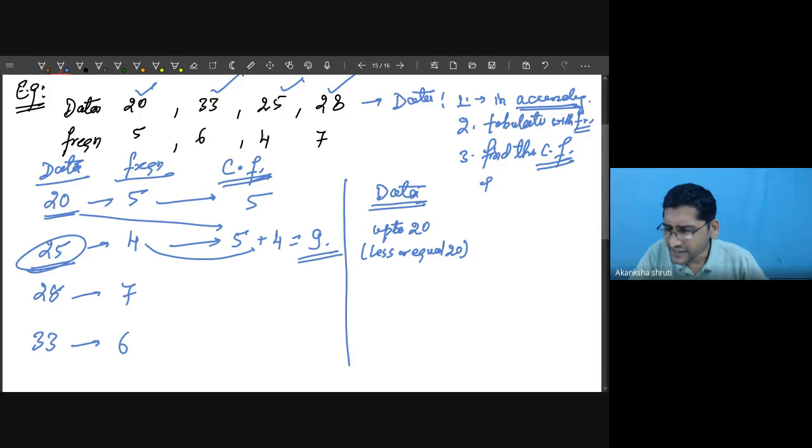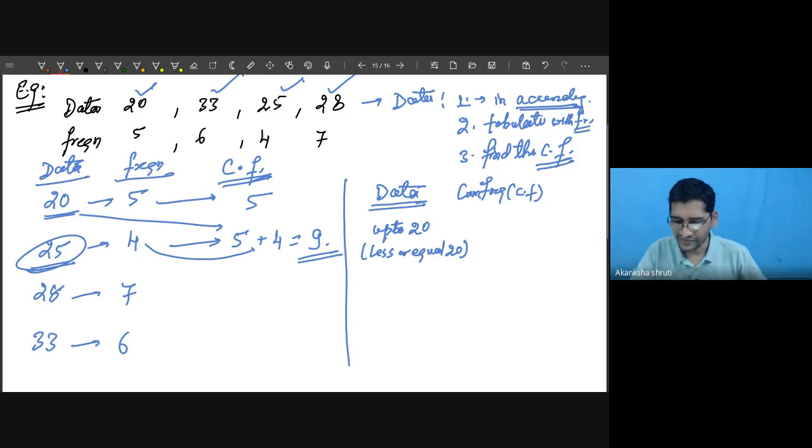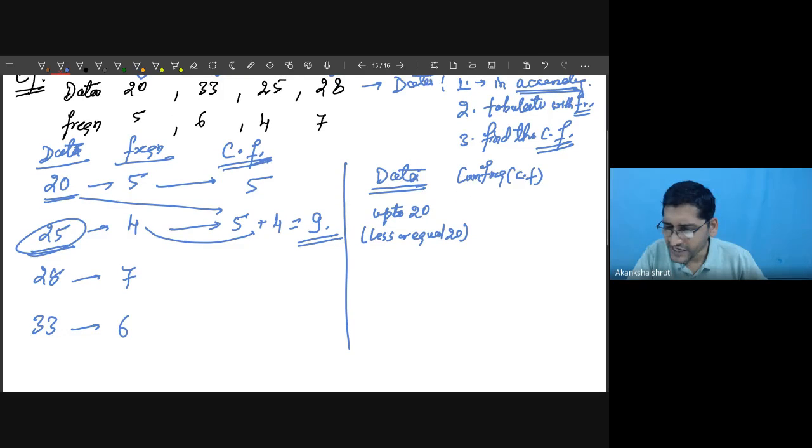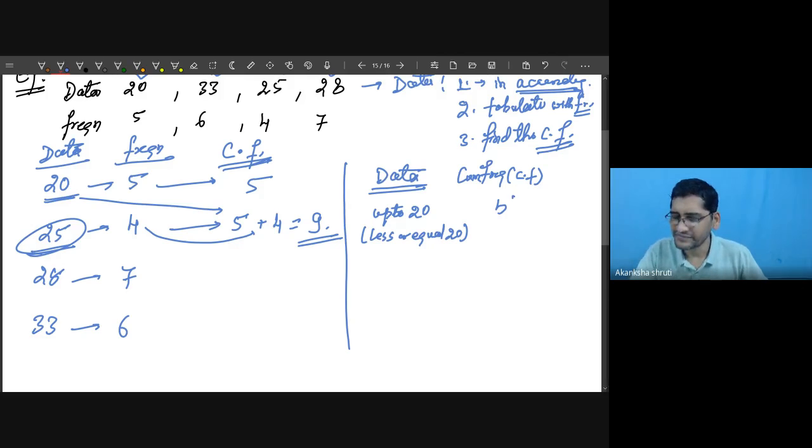What is the frequency? You can write the frequency also. But now this frequency shall be replaced by cumulative frequency while we are writing the data in the form of up to or less than or equal to 20. So cumulative frequency is denoted by CF. This way. So up to 20, how many data are there? It is 5.